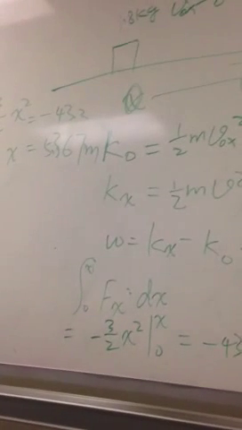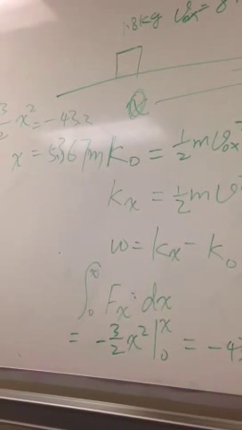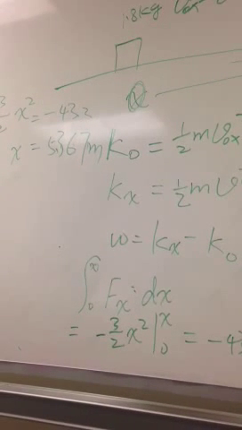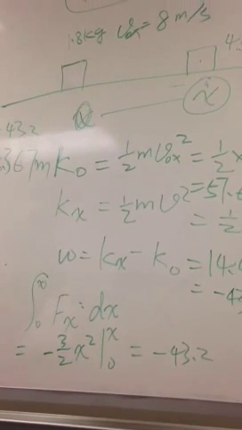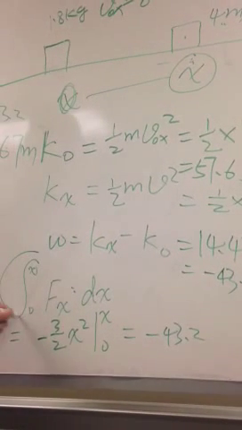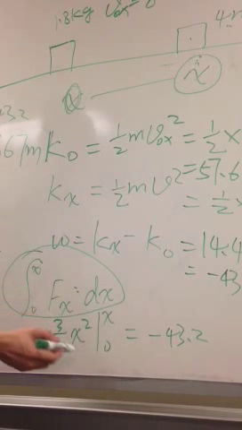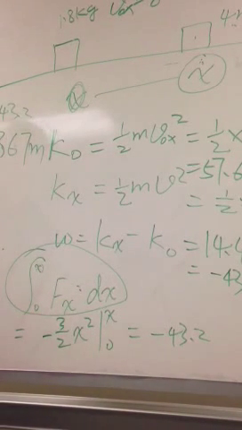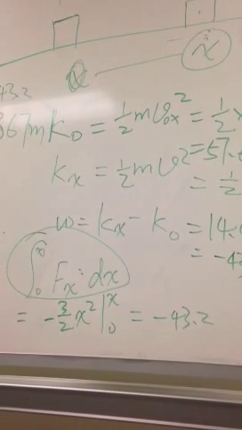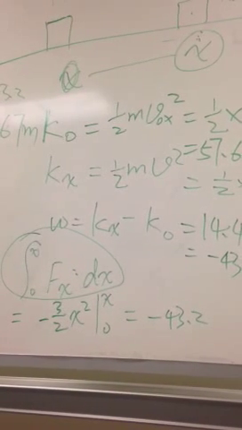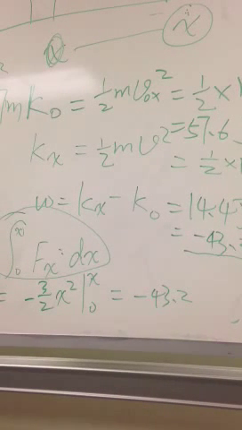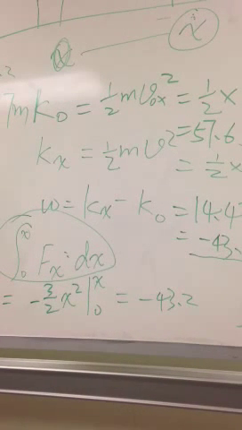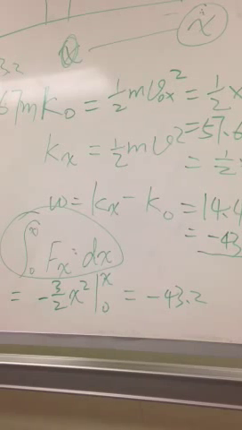You understand every step? I understand you took the integral, because that will give you the work done by the force, from 0 to x, right? And it's equal to the work we calculated here.